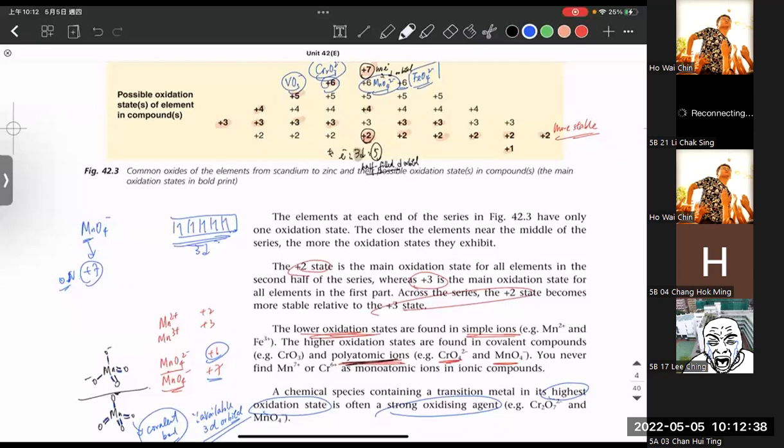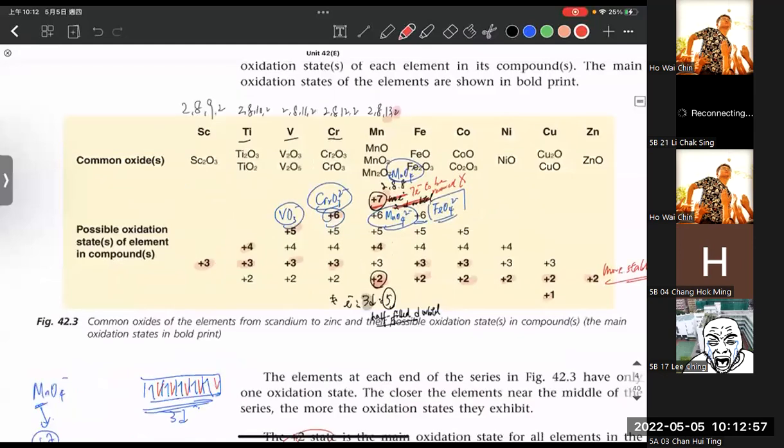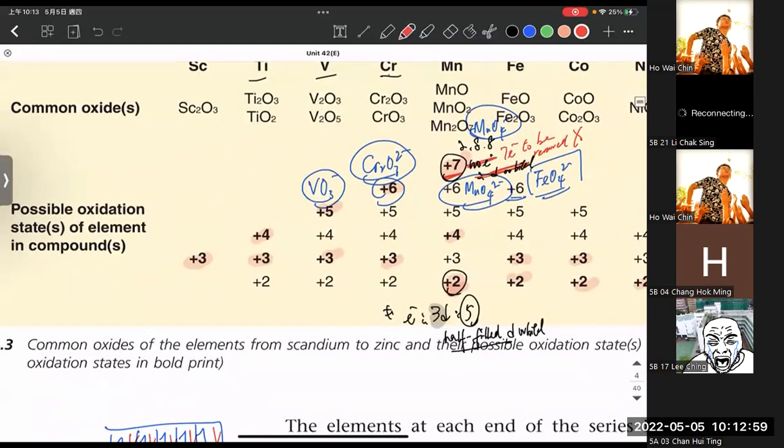But indeed, I need to tell you the fact. This part is oversimplified. Indeed, we don't have a chance of having 7 electrons to be removed. Remember, +7 only means the oxidation state, the imaginary charge.